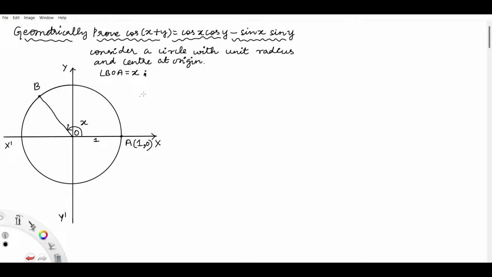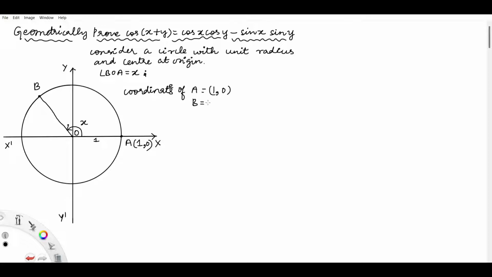Now, from the previous knowledge which I just explained, if we have some angle theta, the coordinates of B are some x comma y, but I can represent the coordinates of B in terms of trigonometric functions as well. The coordinates of A we know are 1 comma 0.